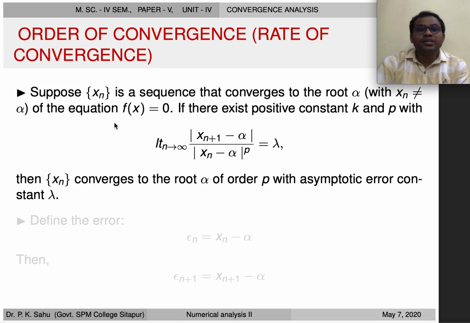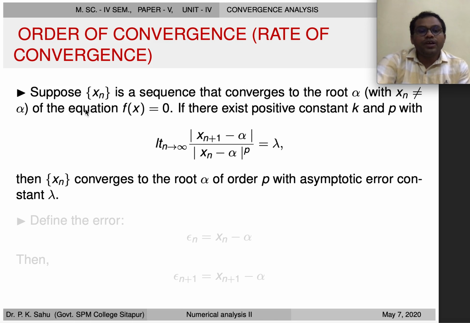Now, today we would like to consider the error analysis and convergence analysis of bisection method as well as Newton-Raphson method. Before that, we will define what we mean by order of convergence or rate of convergence. Suppose we have a numerical method like bisection method or Newton-Raphson method which generates a sequence of iterates which we denote by x0, x1 and so on xn.